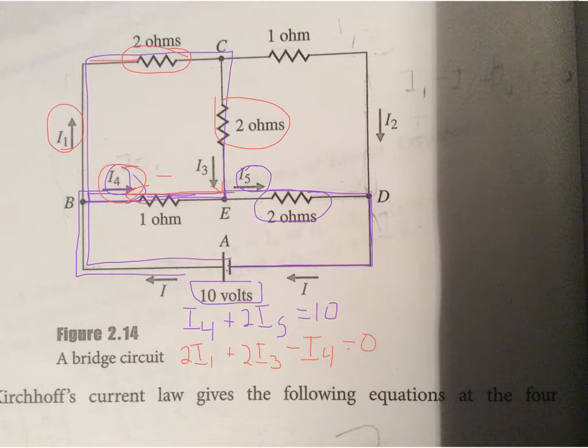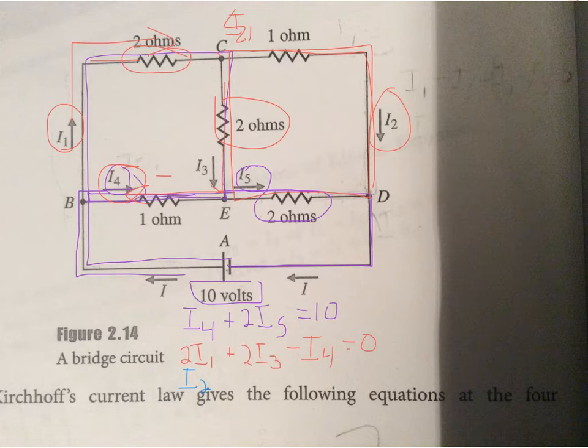For the third equation, we're looking at this closed path, C to D to E to C. Starting at C, we've got I2 coming across here. Sorry, forget about I1, it went down there. So I2 times 1 ohm, which is I2.